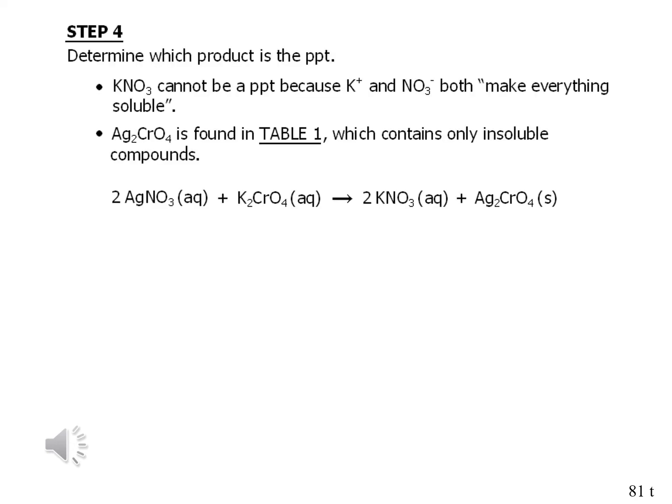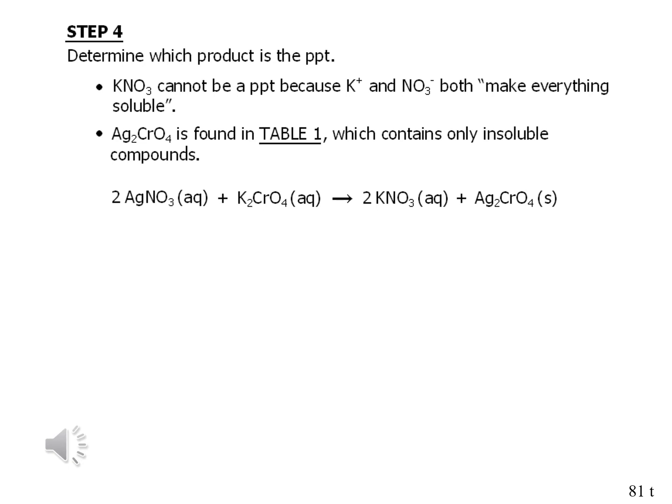When you're doing these, you then have to figure out which one is going to be the precipitate of the 2 products. Well, there's 2 different ways really to do that. KNO3 cannot possibly be the precipitate because potassium makes everything soluble, and so does nitrate.